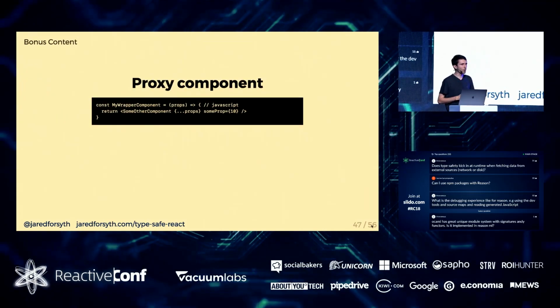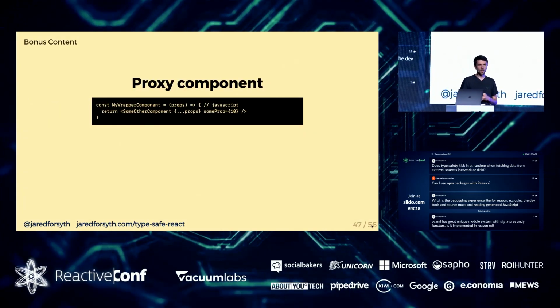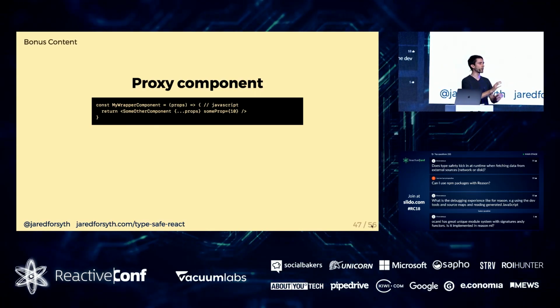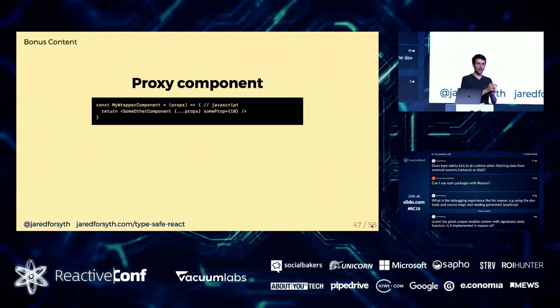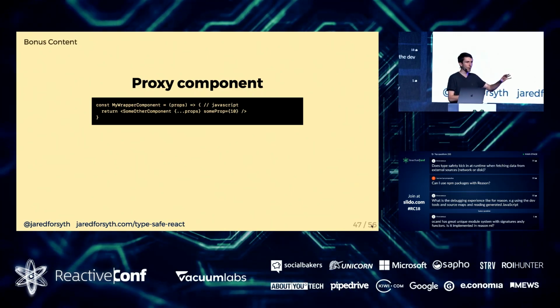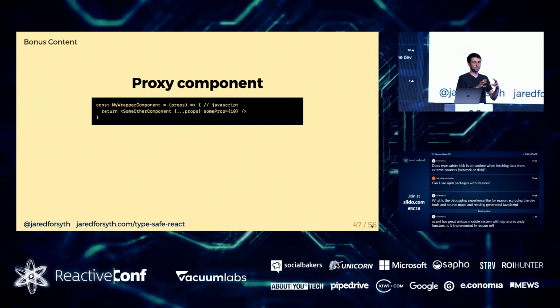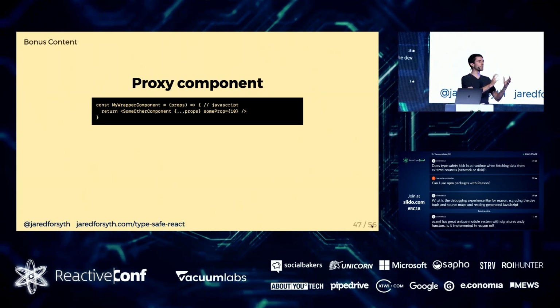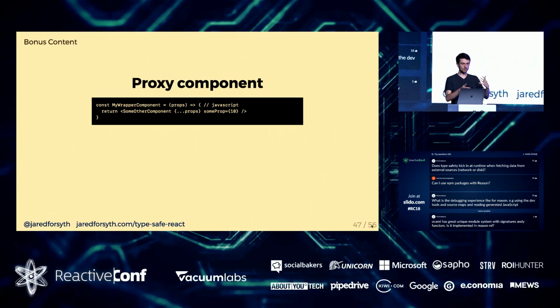There's also the proxy component pattern, where in JavaScript, if you've got some component that takes a lot of props, and you just want to pre-fill some prop and then have a component where you don't need to pass that in. Right? This happens sometimes.